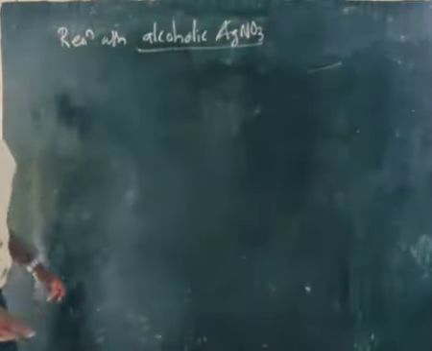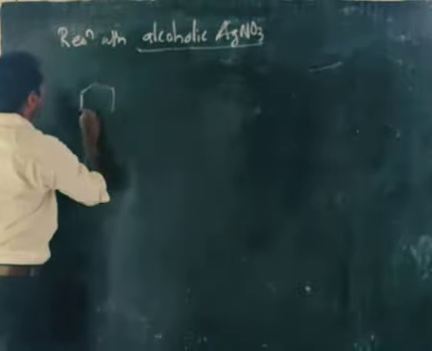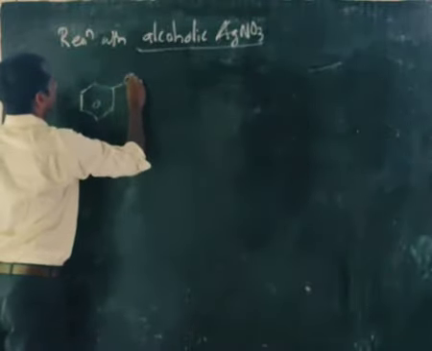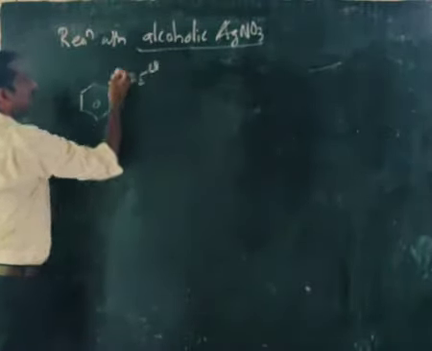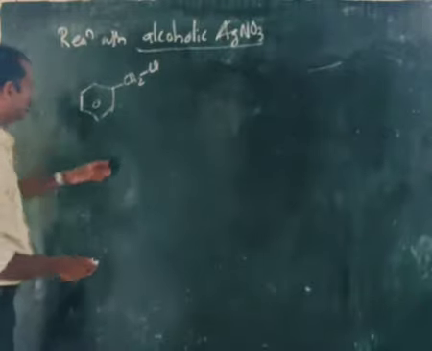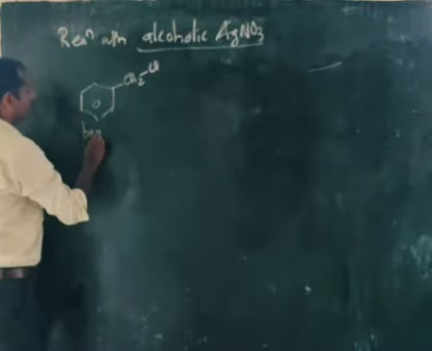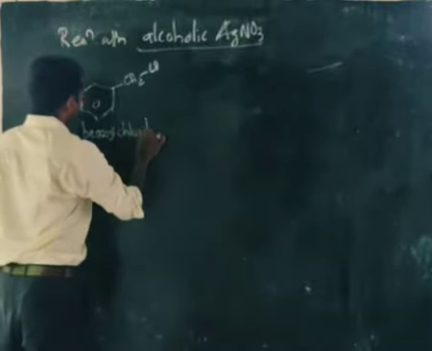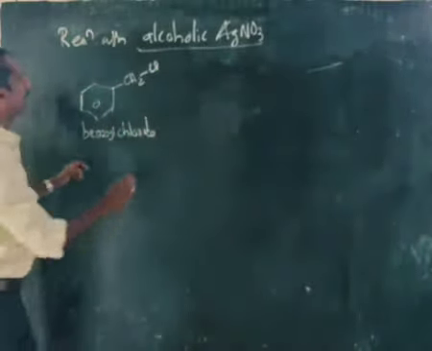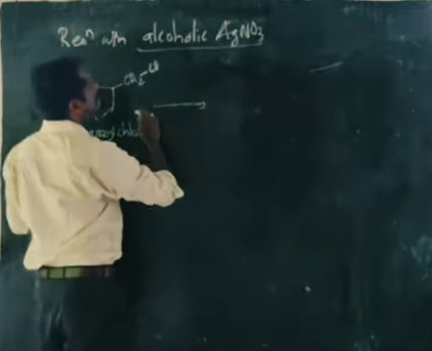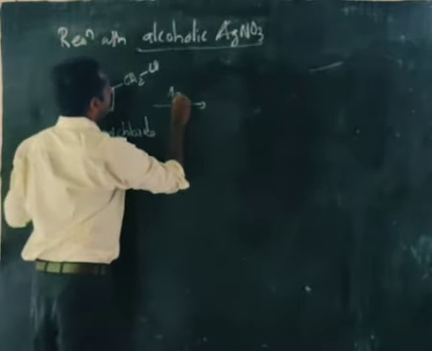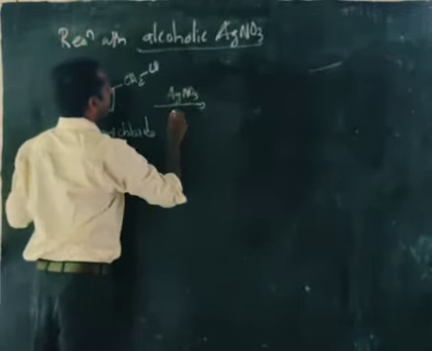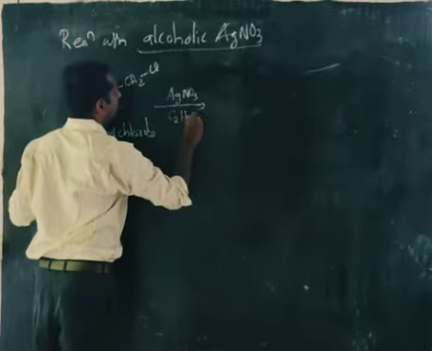First we are taking alkyl halide. That means we are taking benzyl chloride, CH2Cl. This is a side chain halogenated hydrocarbon. This is benzyl chloride. Then it is reacting with alcoholic silver nitrate, that means AgNO3 in the presence of ethanol, C2H5OH.